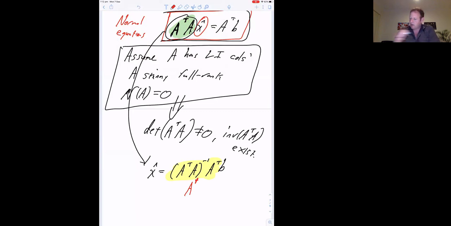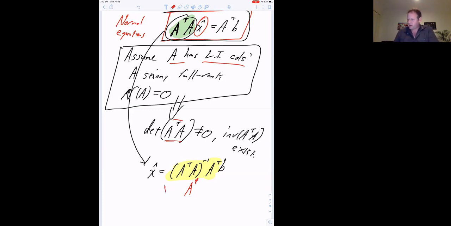It exists in this form when A has linearly independent columns, and then the Gram matrix associated with A is non-singular. This is a square matrix, so you can actually compute this inverse. And that's your A dagger. So you actually get a formula.